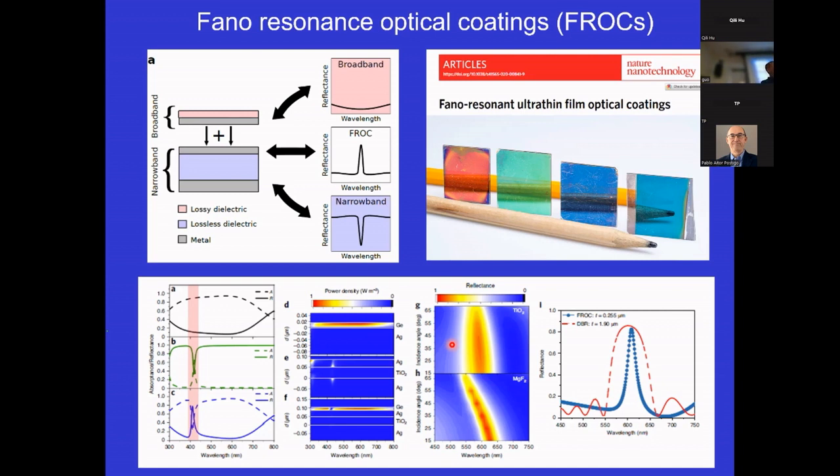So extremely narrow band. What do you have if you have a narrow band? You have a very, very pure color, right? Narrow band reflection is a reflected color. And you can see it's very colorful. More interestingly, we can design the coating to have 50% reflection, 50% transmission, or a full reflection.